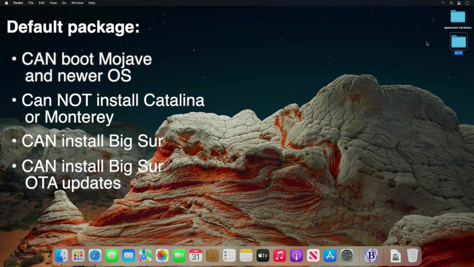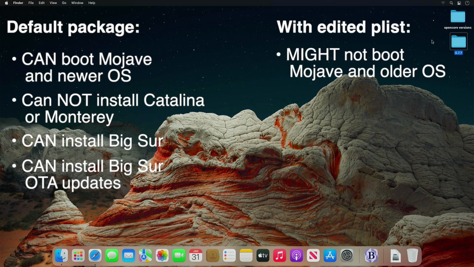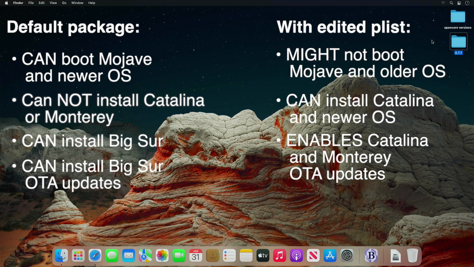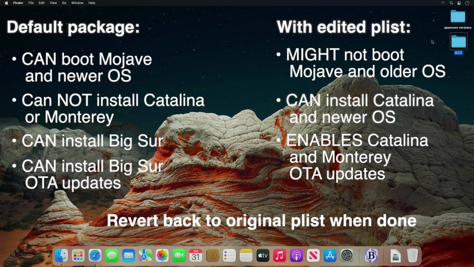Now, once you do configure that file or make the changes to that file, you can boot Catalina and newer. Potentially, you can no longer boot Mojave or older operating systems. I was unable to fully verify this, but it was recommended that every time you make the changes to the configuration plist, after you're done installing or updating, just be safe and revert back to what it was.